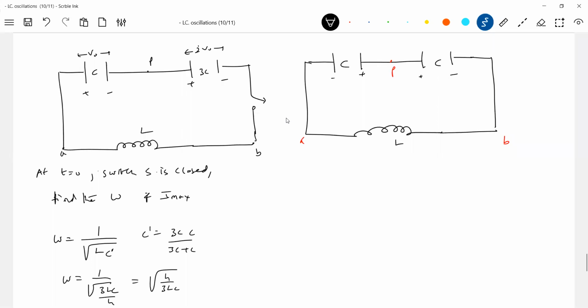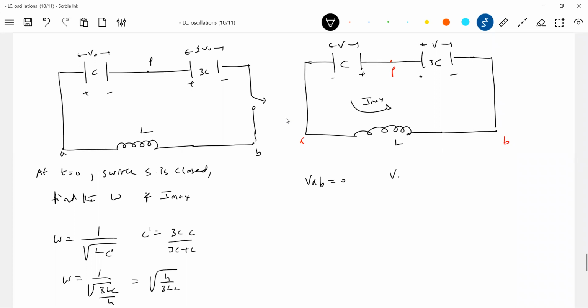Then what's the potential drop? Should be same. How? Any reason for that? Because current through the coil will be maximum. Current through the coil will be maximum when VAP equal to 0.